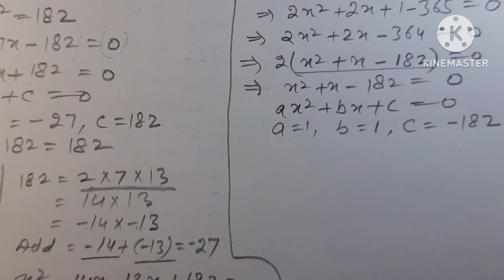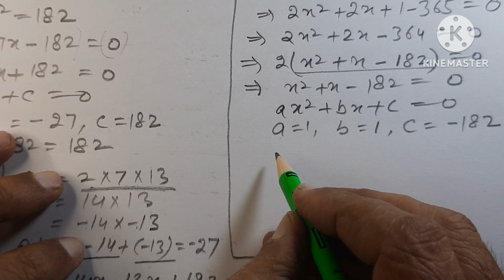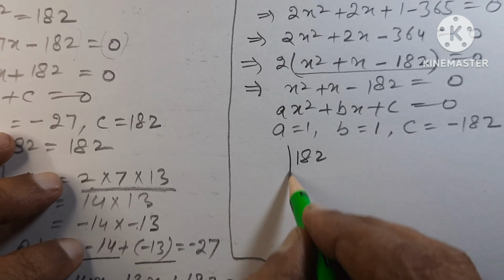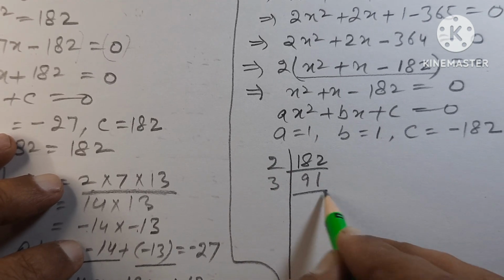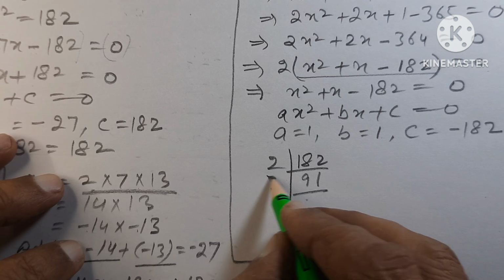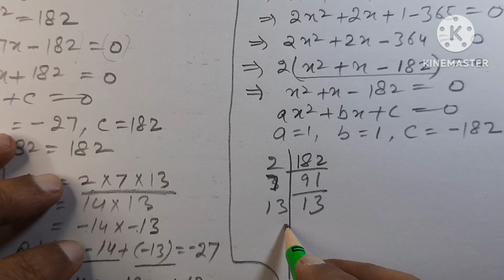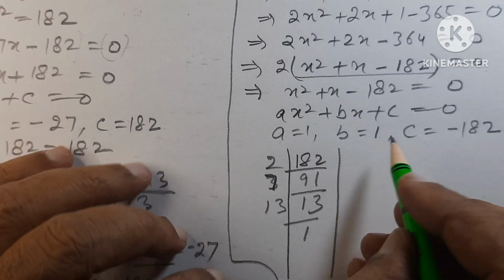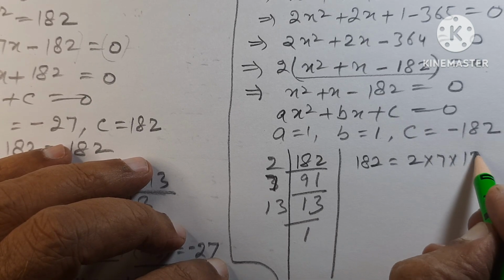Now we'll find the prime factors. 182 prime factors are 2, 7, 13. So the factors are 182 is equal to 2 into 7 into 13.